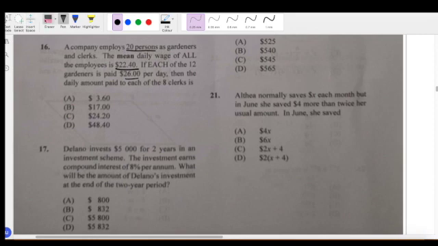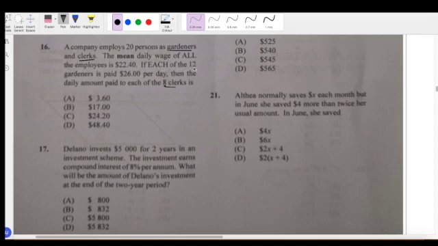So how do you find the mean for all 20 people? You would have to add up all of the wages of the 20 people and then divide by 20 to get the mean, right? We have 12 gardeners and 8 clerks.